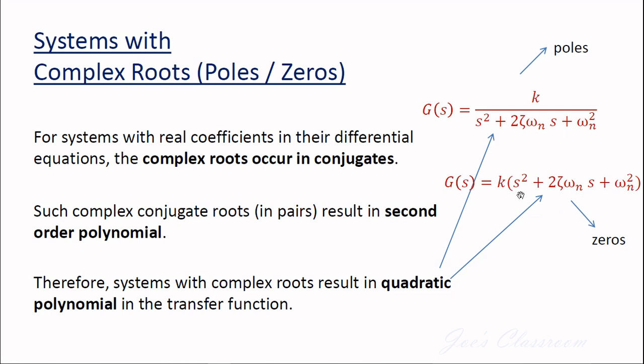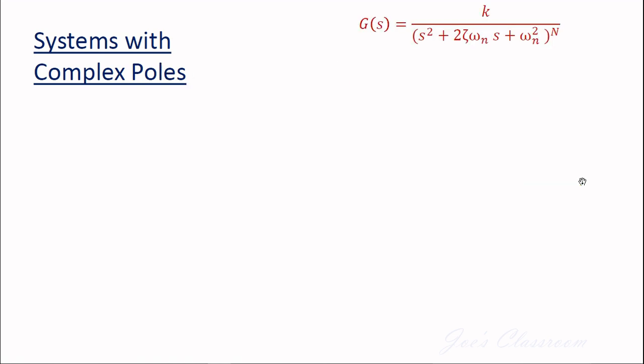So when I say systems with complex poles or zeros, it means the systems having the transfer function with quadratic polynomial terms either in the denominator or in the numerator. First, let us take a system with complex poles, I mean the second order polynomial in the denominator.